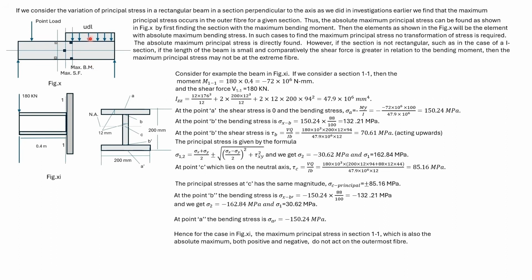This is for the entire beam, while these 2 points have the maximum magnitude of principal stresses for this section. That is the case when the beam is rectangular. It may not always be the case when the beam has other shapes.